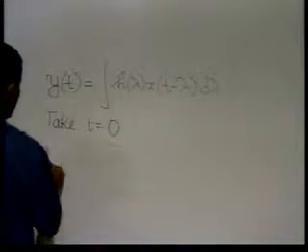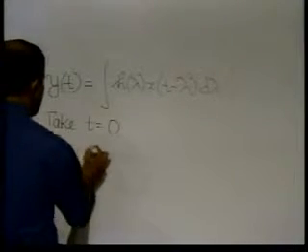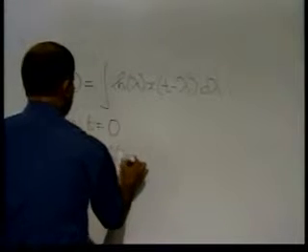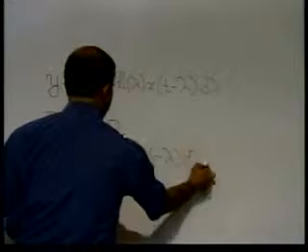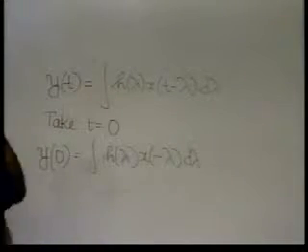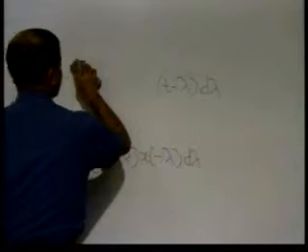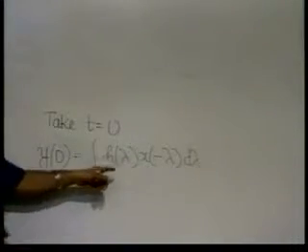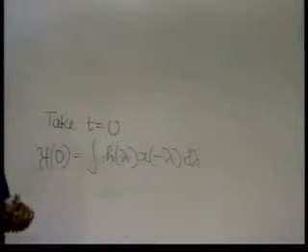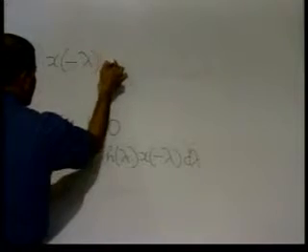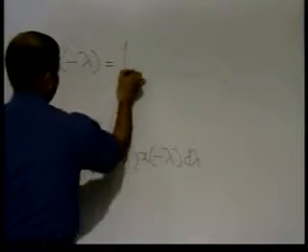So, I have y of 0 is the integral of h(λ) x(-λ) dλ. And here what I shall do is choose this very nasty input x(-λ), defined as follows.